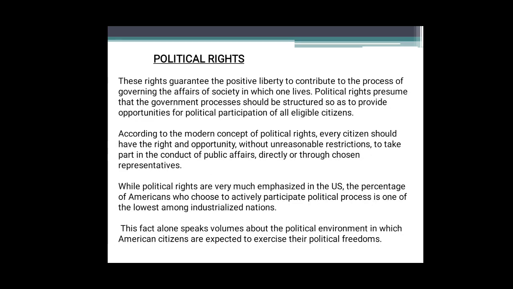While political rights are very much emphasized in the US, the percentage of Americans who choose to actively participate in the political process is one of the lowest among industrialized nations. So this fact alone speaks volumes about the political environment in which American citizens are expected to exercise their political freedoms.